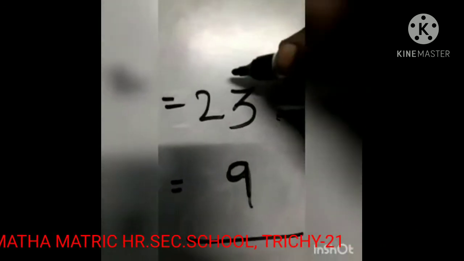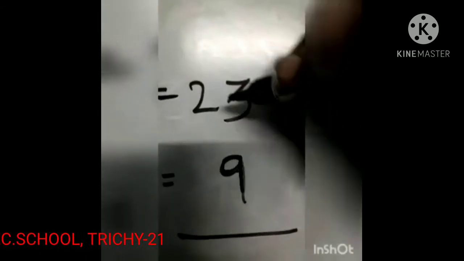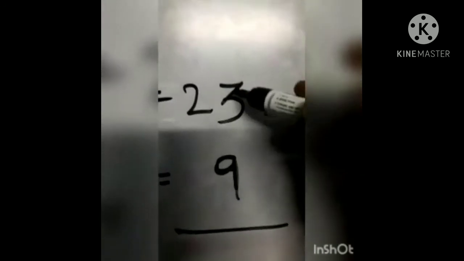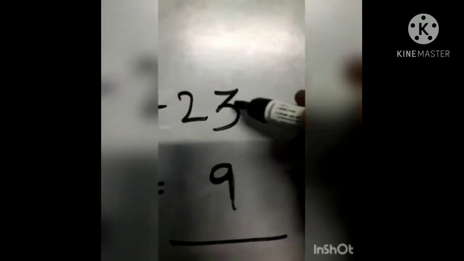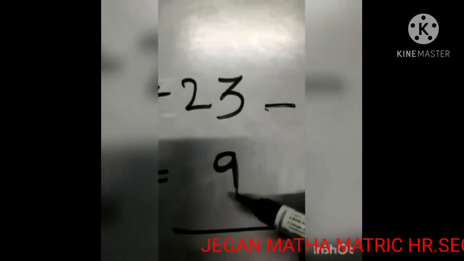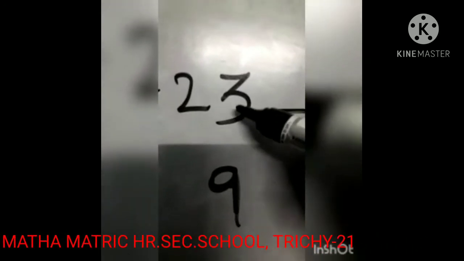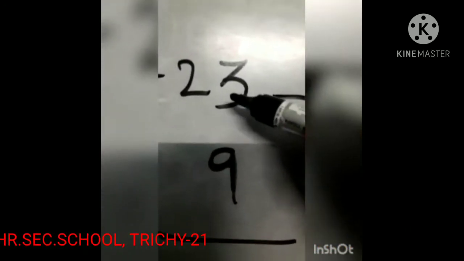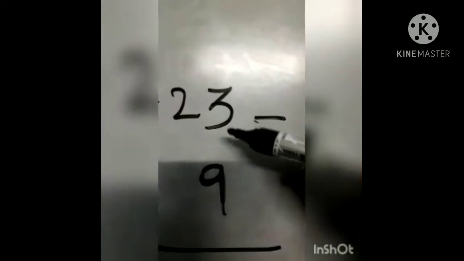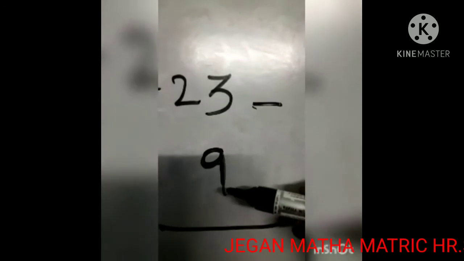In this 23, the first number is in the tens line, and this one is in the ones line. In the ones line, the first number is 3, and below it is 9. Number 3 is smaller than 9. From this 3, how can we cut 9? Is it possible?